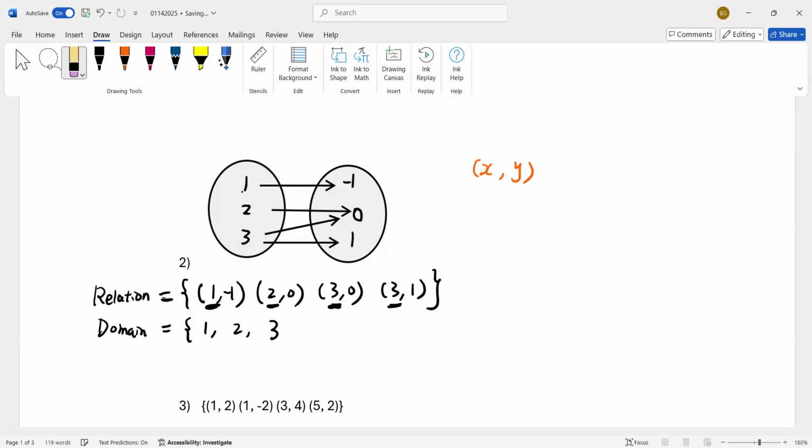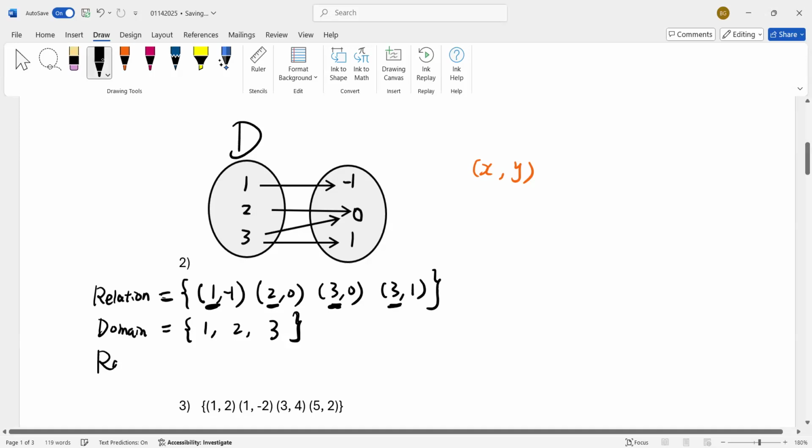Yes, 3 appears twice, right? But we only write 3 one time. Repeating elements in a set will be only written once. So that's the domain. Seems like the domain actually is the first oval. And range, by the definition, is all the second components in the relation.